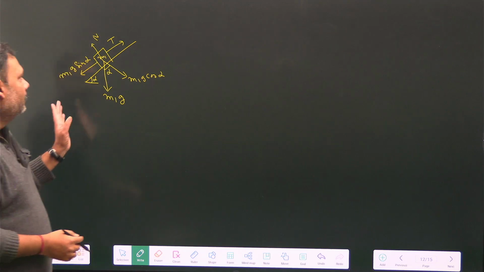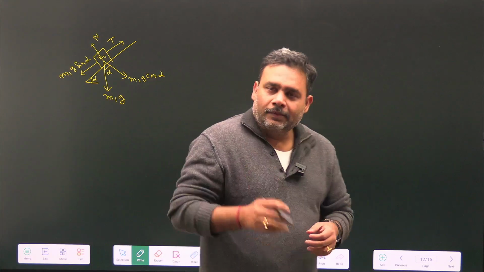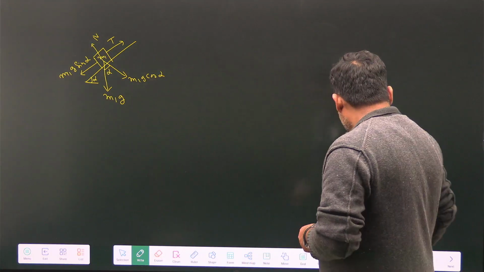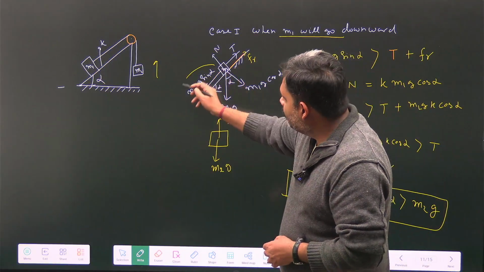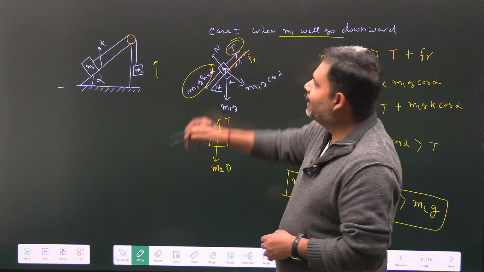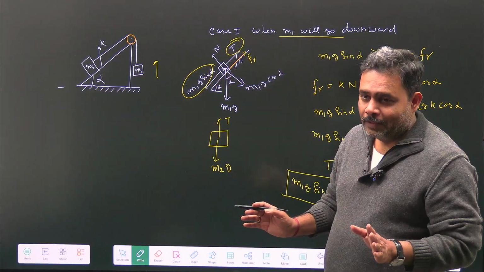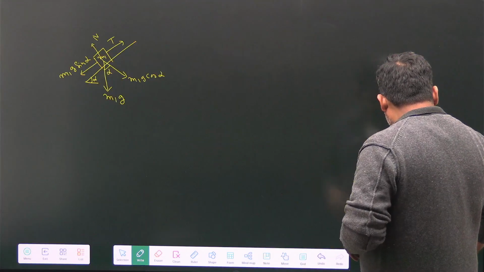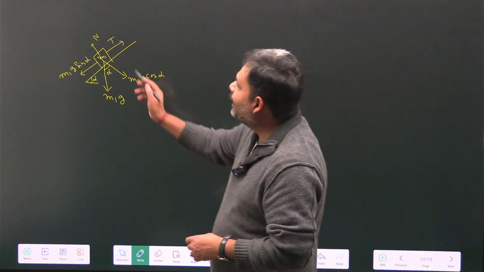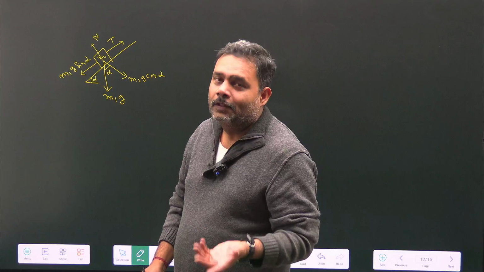Now you can see. आप दोनों में अगर आप ध्यान से देखोगे तो m1g का डायरेक्शन, टेंशन का डायरेक्शन सेम है. And what is going to happen? You will see the direction of frictional force is going to change.